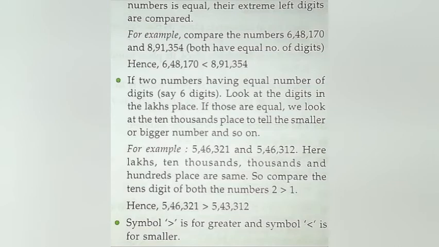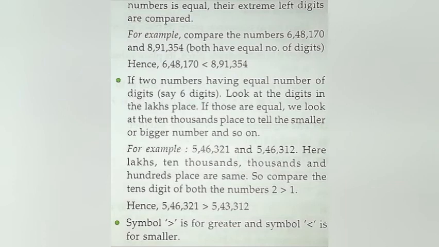Now if you jot down the values according to 10 lakhs, lakhs and their places, then you get to know. Like they said, you have to compare from the extreme left of the figures. From the start, you have to compare both figures. If there's similarity in the figures, then you go to the next.